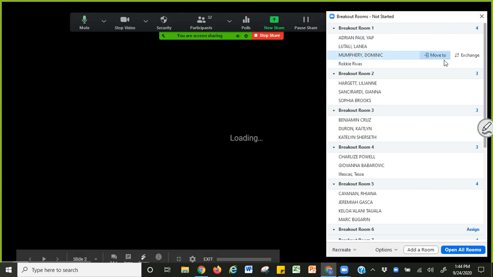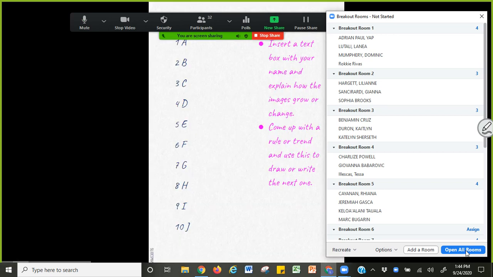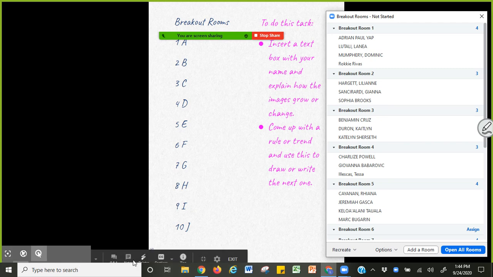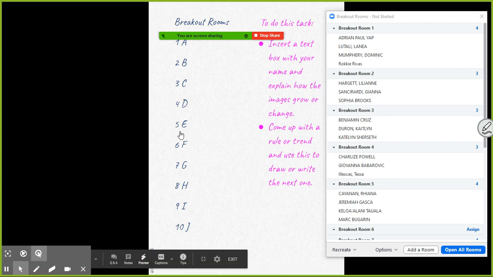Okay, so I'm going to open the breakout rooms right now. If you are in breakout room number 5, then that means you will be going to pattern E. And once you get to pattern E, what will you do? You will use either text boxes. This time we don't have post-it notes, but you can color your text boxes, and don't forget to write your name.